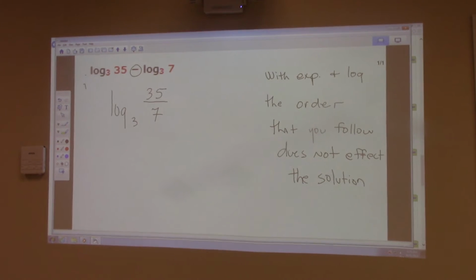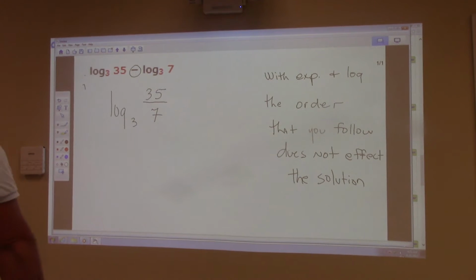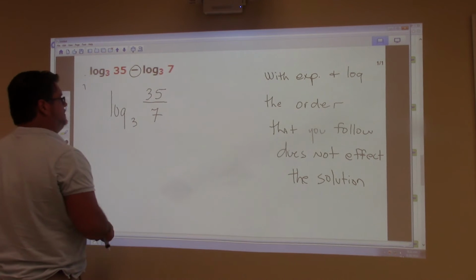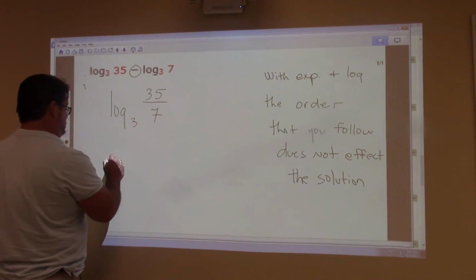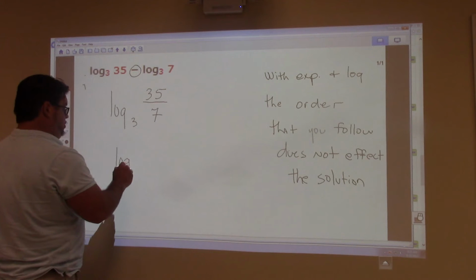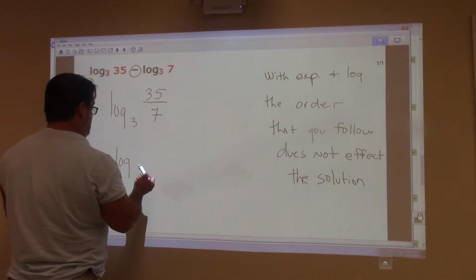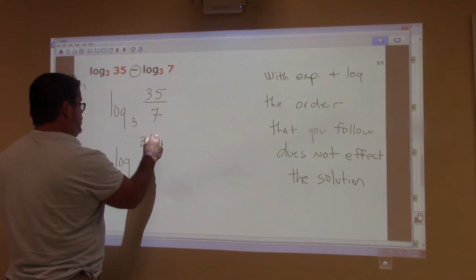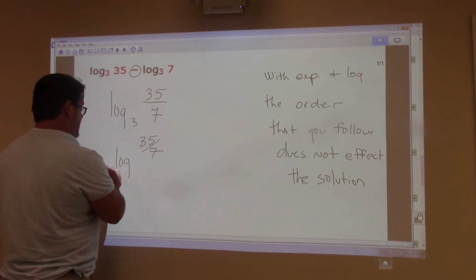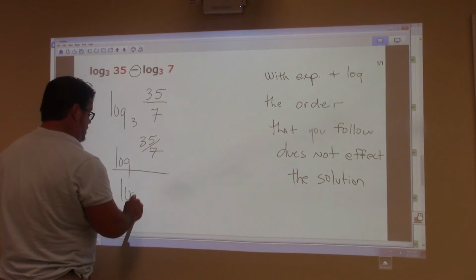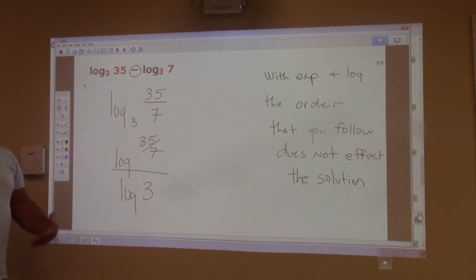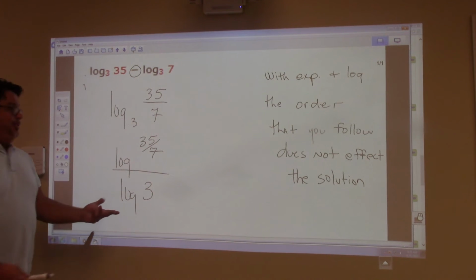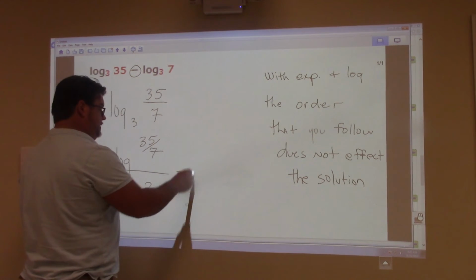So in this case, what's 35 divided by 7? You don't have to do that. You could do log of 35 over 7 divided by log of 3. You can go ahead and use the change of base formula and then do what? What's 35 over 7?